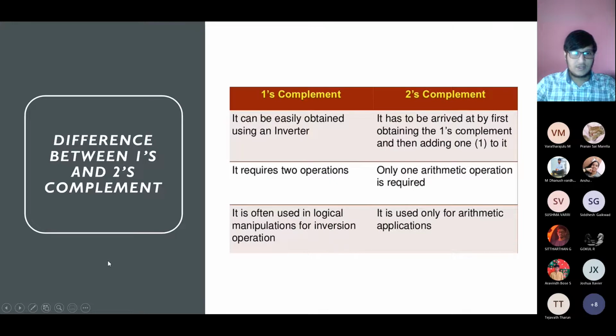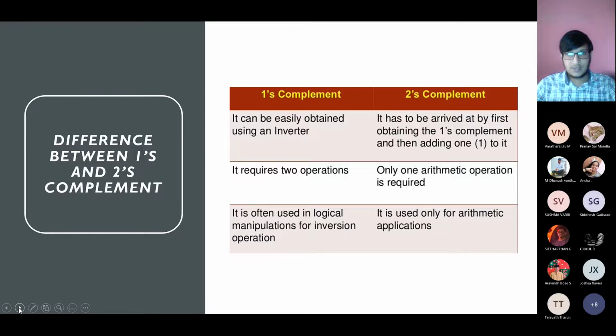So, the difference between the 1's complement and 2's complement methods. 1's complement is basically inverting: zeros convert to ones and ones convert to zeros. In gates, you can say it is the NOT gate. In the 2's complement method, first we find the 1's complement, then we add 1.